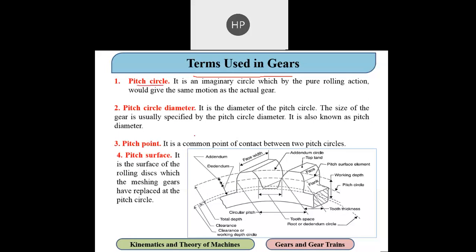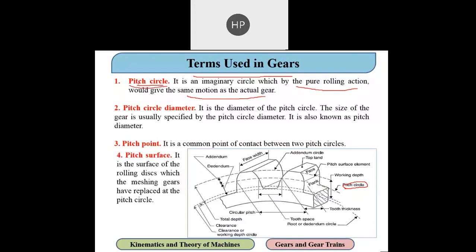Pitch circle: this is the imaginary circle over here, where pure rolling action takes place and the actual gear has the same motion. That point or that circle is known as the pitch circle.